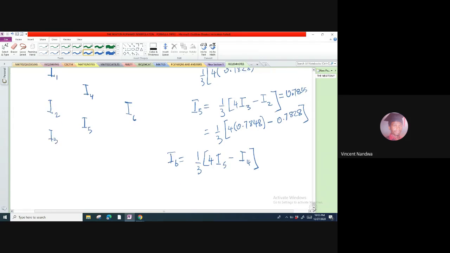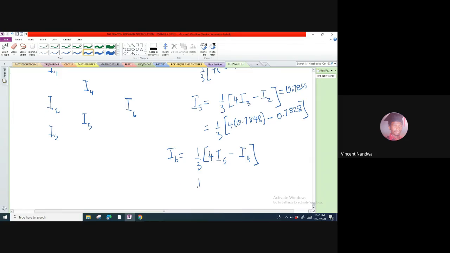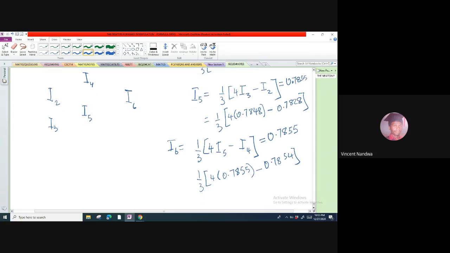So therefore, we'll have a third into 4 times I5, which we have gotten to be 0.7855, minus I4, 0.7854. When you work this out, you get 0.7855. So therefore, now we can write the numbers.